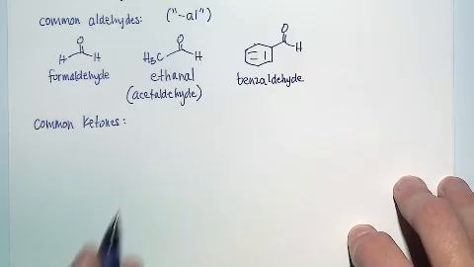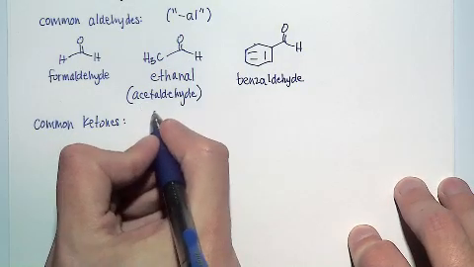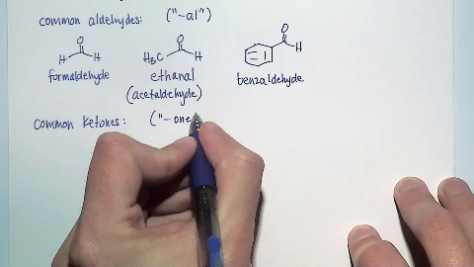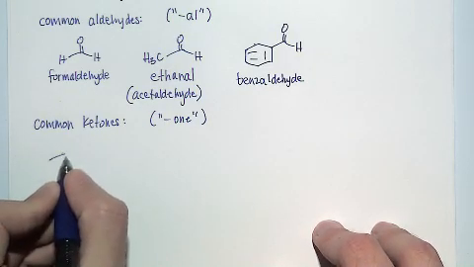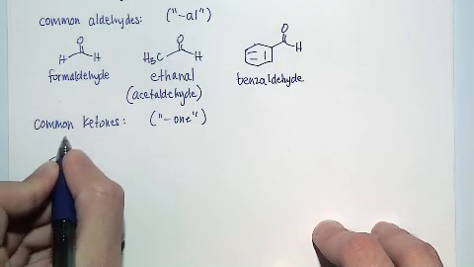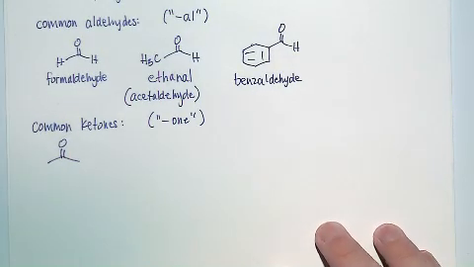So ketones, the suffix for ketones is -one, not one, but -one. Here's a ketone. It's got 3 carbons, 1, 2, 3.